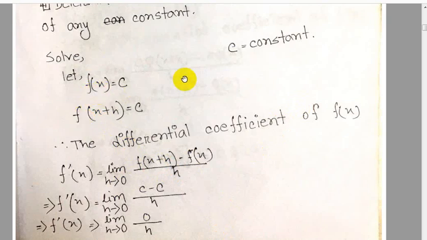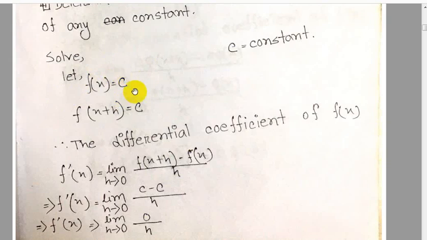As f of x equals c, we can also determine f of x plus h, which will be equal to c, because if f of x is a constant number, remember the property of a constant number: it will not change with respect to any particular variable. If it changes, then that number is no longer constant.